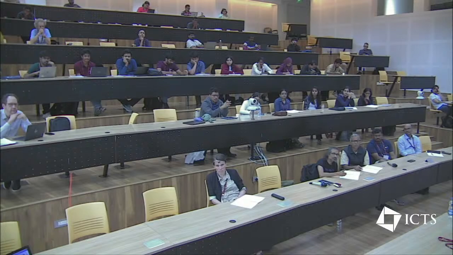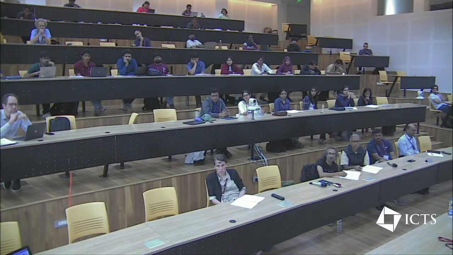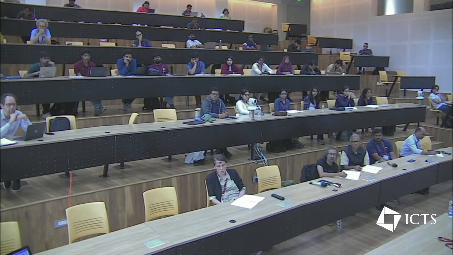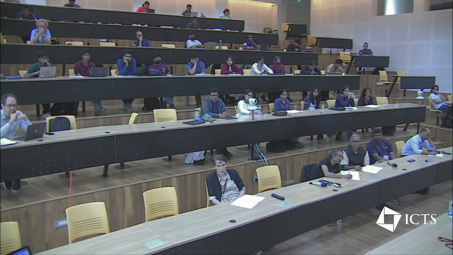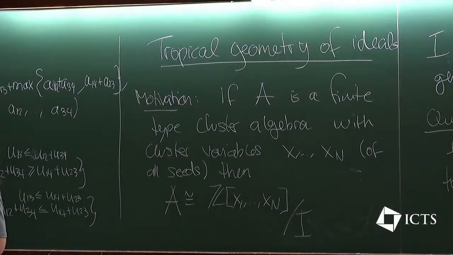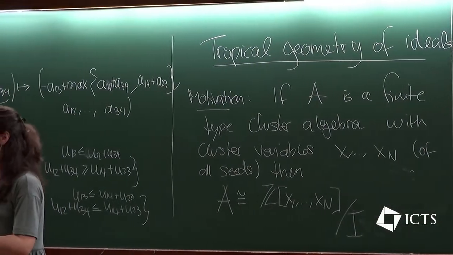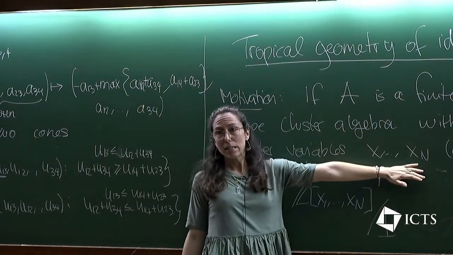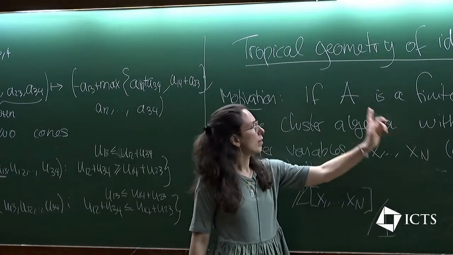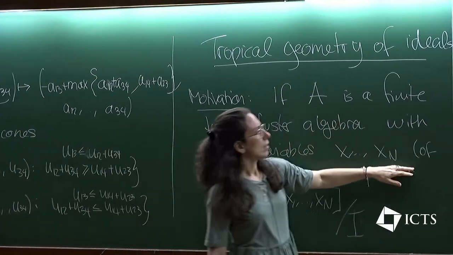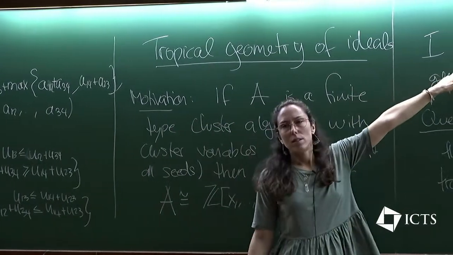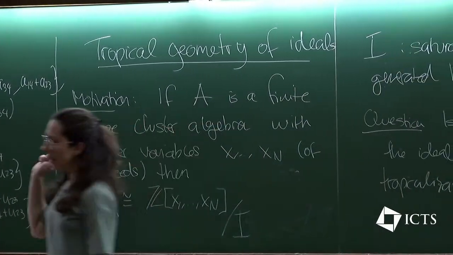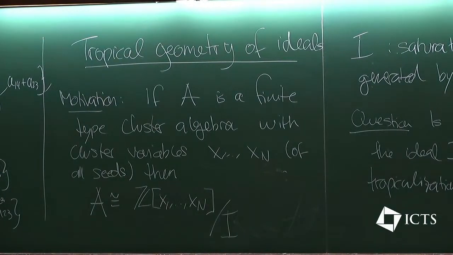I'm simplifying a bit the context to make nicer statements. If it's finitely generated, then you can get a presentation. The algebra has to be finitely generated. Yes, and this statement is still true if this is a set of cluster variables that generates A. Then you get the ideal as the saturation or the kernel of the map.